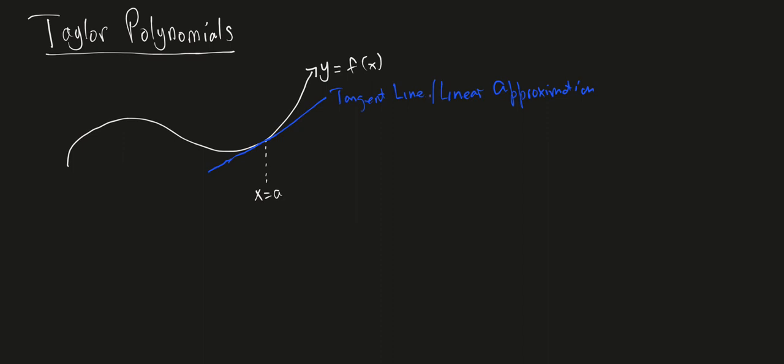Let me remind you of the formula for linear approximations. You would take the function value at that point, f of a, and then add to that the slope of the curve at that point, multiplied by x minus a.